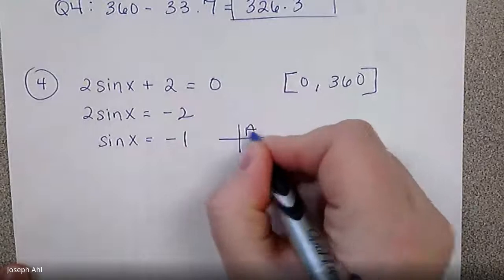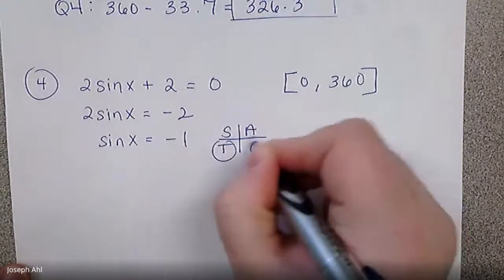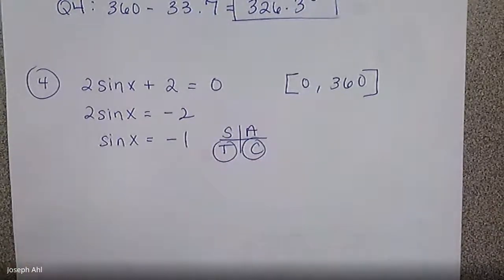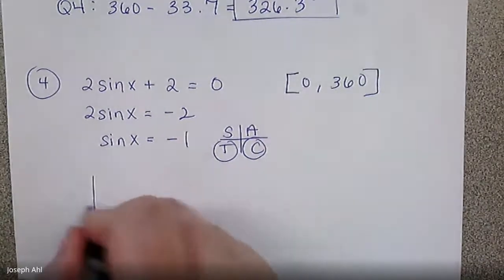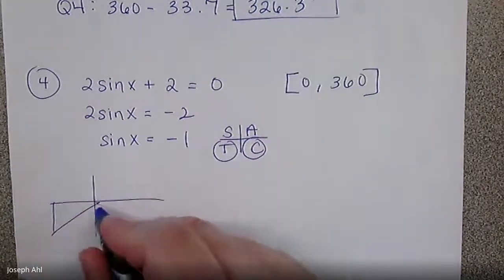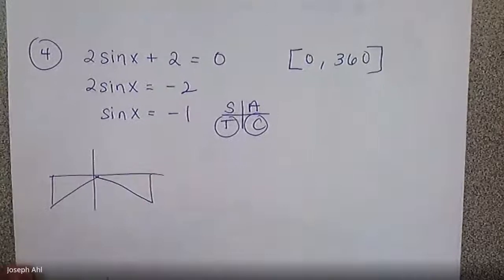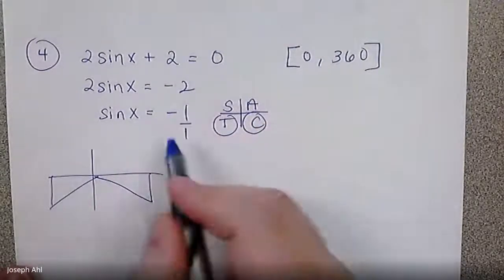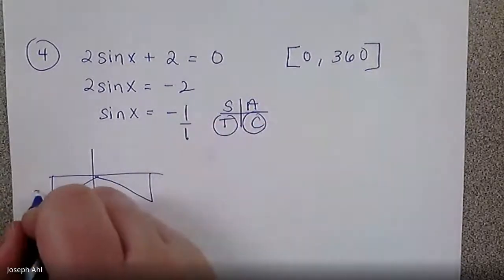We jump right over here, all-star trig class, sine is negative here and here. I went really fast through that, but maybe after 3 examples, you're in the same place as me, that you can jump to that conclusion as quickly as I have. All right, here we go. Sine in quadrants 3 and 4. Opposite over hypotenuse. Now, if it's not a fraction, you can put it over 1, right?